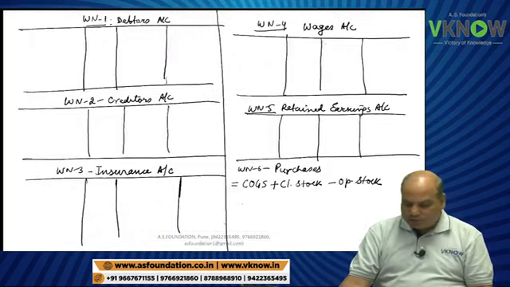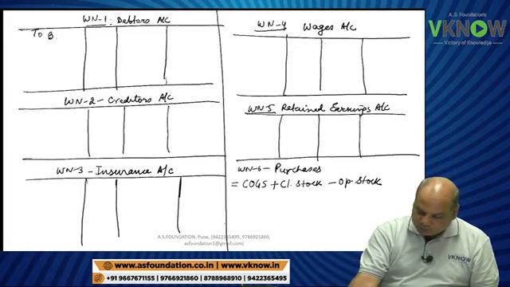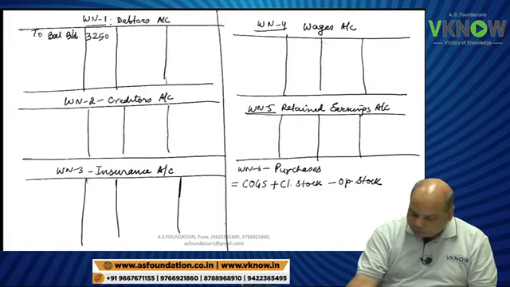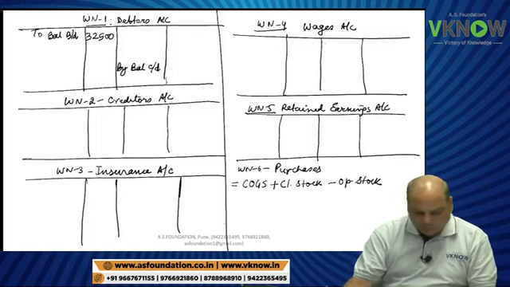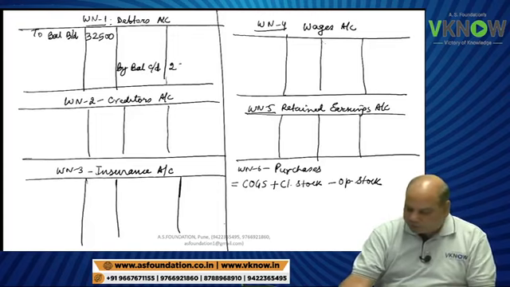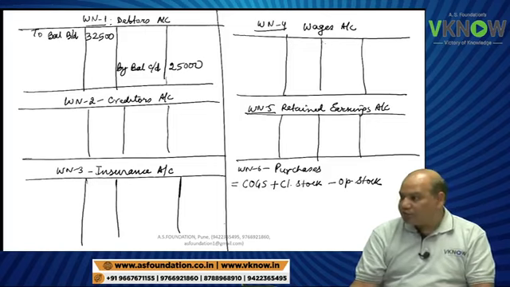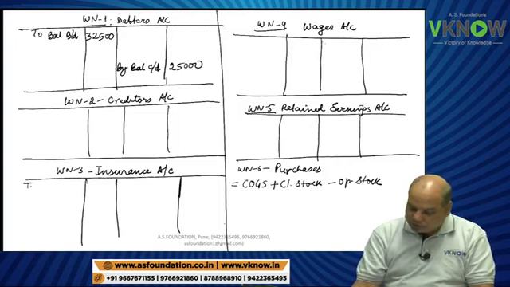Accounts receivable. Working note 1, debtors account. Balance brought down 32,500 and balance carried down 25,000. Prepaid insurance. Insurance account, debit side. Opening prepaid insurance will come on the debit side.